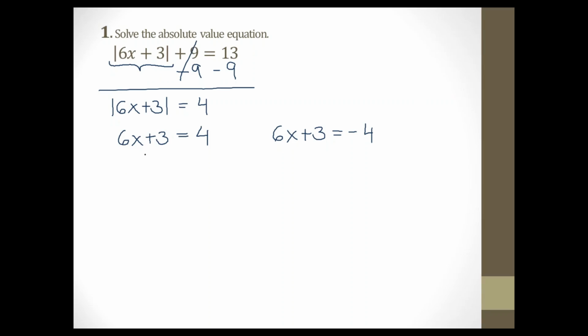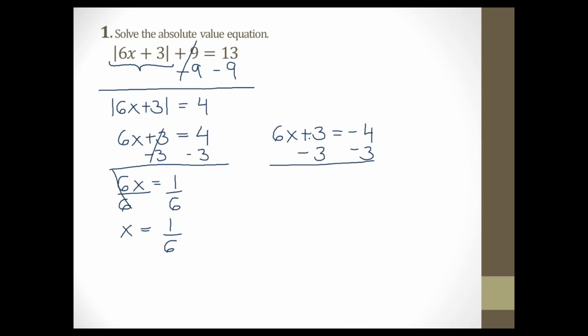So let's solve these two equations individually. Let's start over here. We subtract 3 from both sides, so we are left with 6x is equal to 1. Then dividing by 6 on both sides, we get x equals 1 over 6. So we have our first answer, and now let's do it again. Subtracting 3 from both sides, we have 6x, and then negative 4 minus 3 is negative 7.